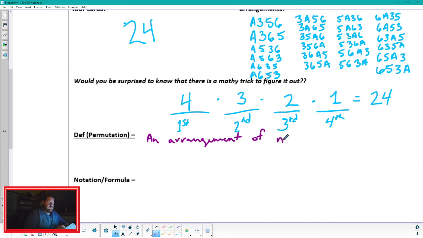N, no, I'm going to write R, no, let's stick with N, of N total items into R open spots.